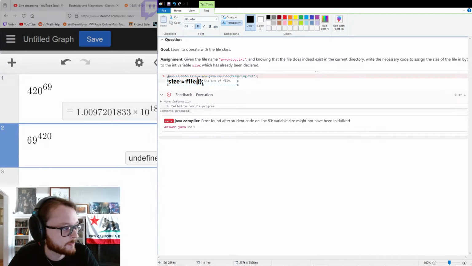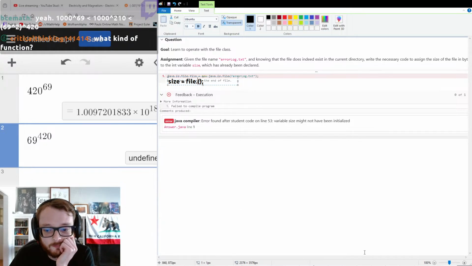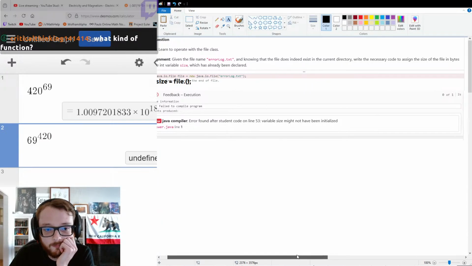There should be a function somewhere for the size of the file in bytes. I don't know.